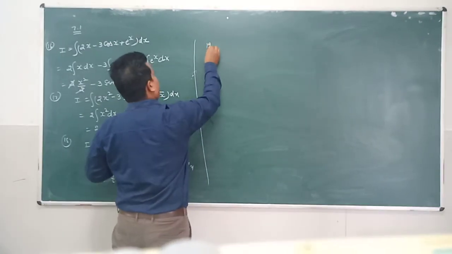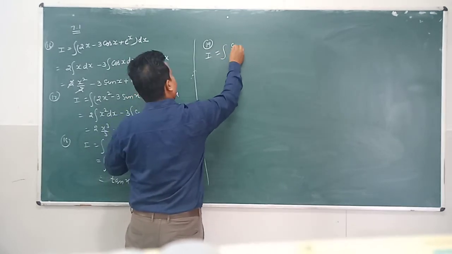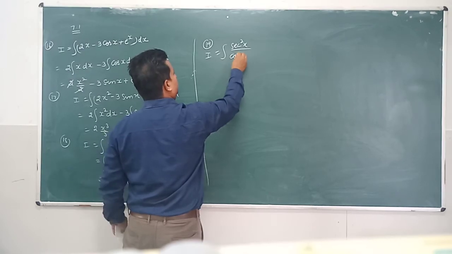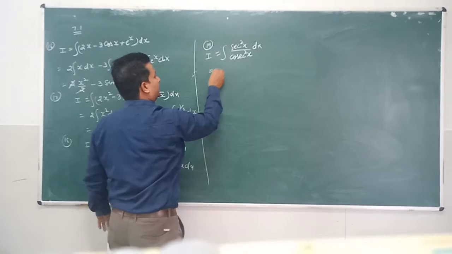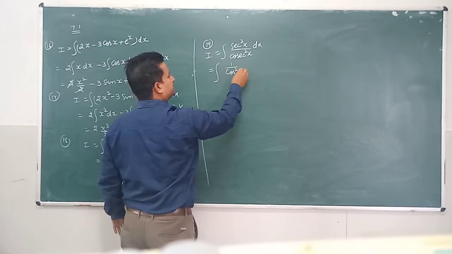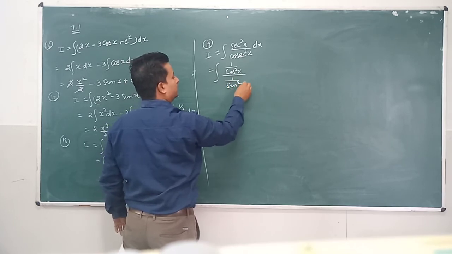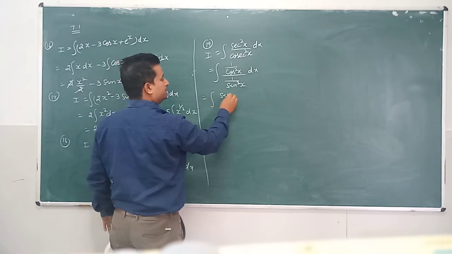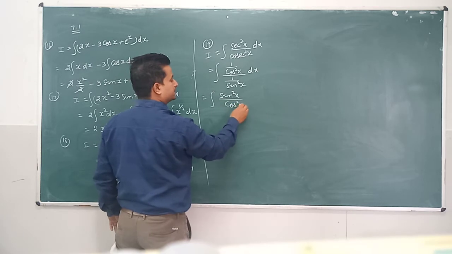In question number 19, the statement is I is equal to secant square x upon cosecant square x. Here we write secant square x as 1 upon cos square x and cosecant square x as 1 upon sin square x. So this equation is sin square x upon cos square x.